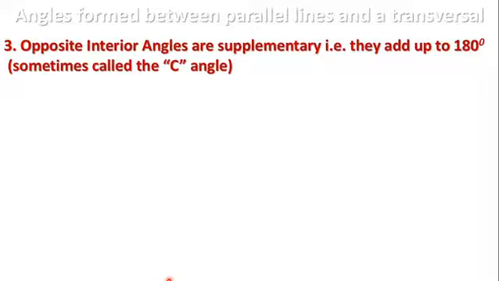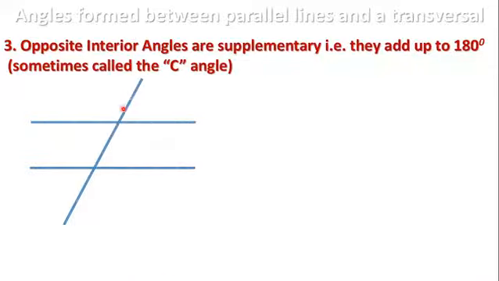Okay, that's what it means, that they are supplementary. And sometimes this angle is also called the C angle. The C angle. Now we have these parallel lines and the transversal, and our C angle is formed right here. You can see this line and this line and the other one. You can see that C that is formed in the middle right there.